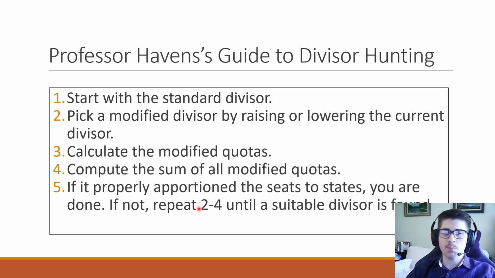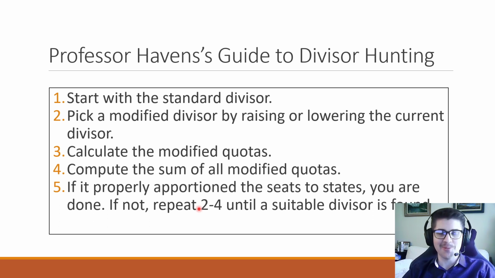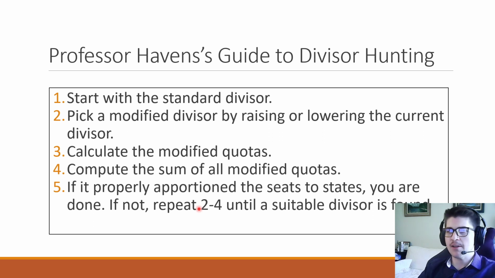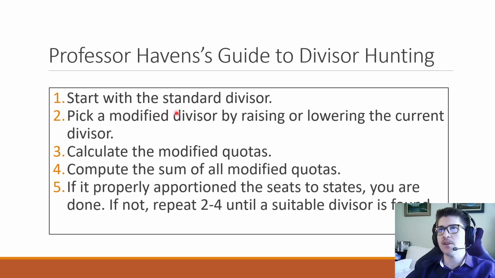There's actually a mathematical proof that there must be some number that will work, but we're not going to look into that. Step two, pick a modified divisor by raising or lowering the current divisor. There's a very easy way to determine whether we want to raise or lower it, which we'll get to in an example. Then calculate the modified quotas and compute the sum of all the modified quotas.